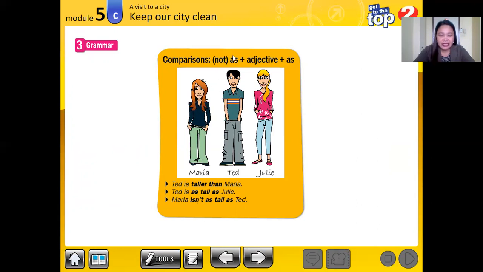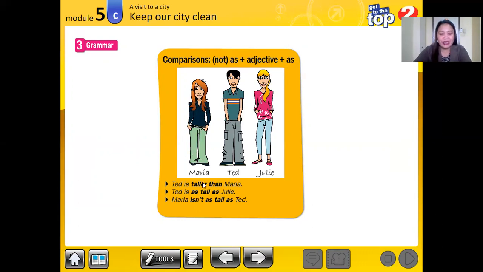Maria is not as tall as Ted. Okay? Maria isn't as tall as Ted. So look at the comparison of the 3 teenagers here. We use as plus adjective, or describing word, plus as. And if it is negative, we use not as plus adjective plus as.